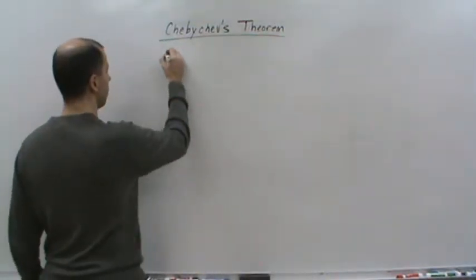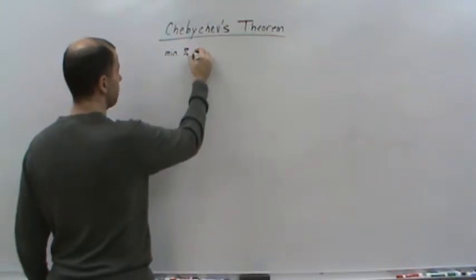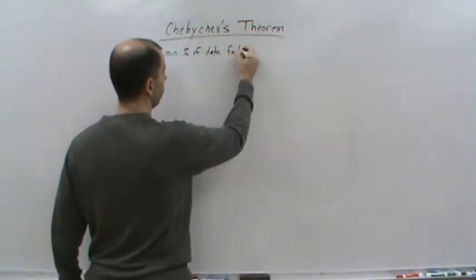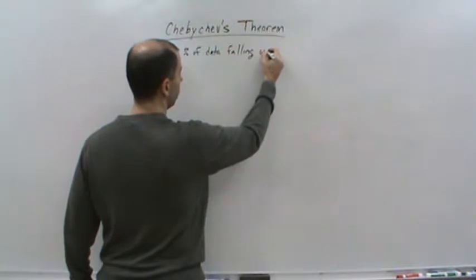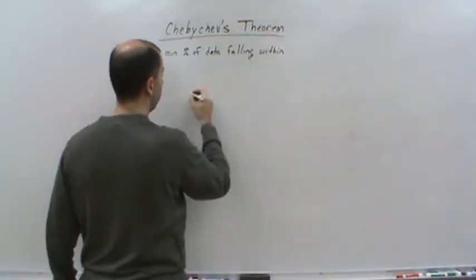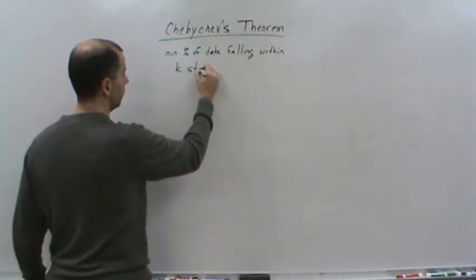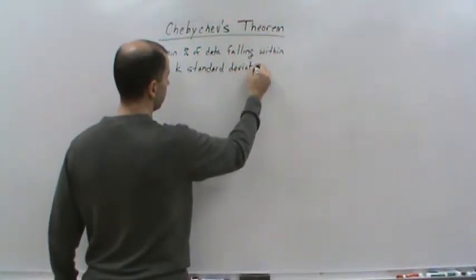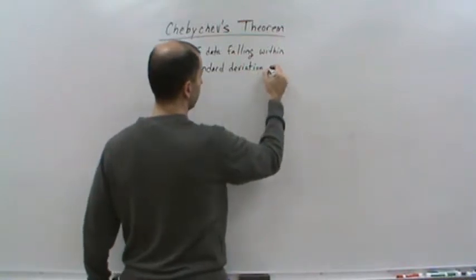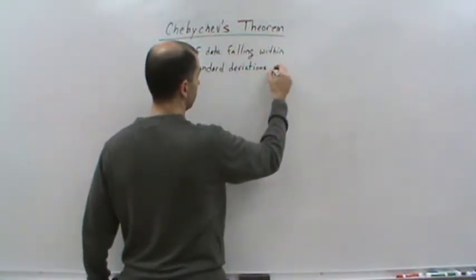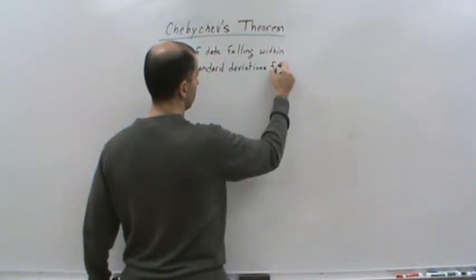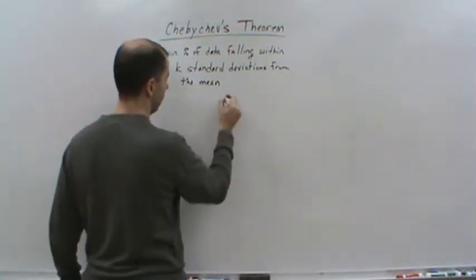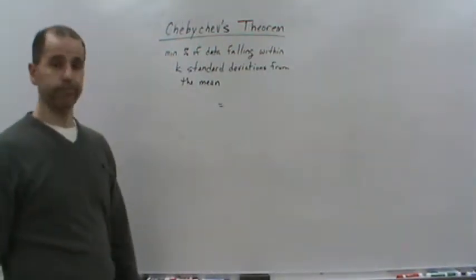So let me write this out. The minimum percentage of data falling within K standard deviations from the mean is equal to this formula, and it's very simple.